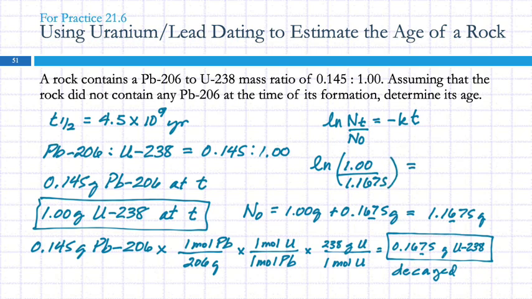And we need that rate constant again. Again, the rate constant is 0.693 divided by 4.5 times 10 to the 9th years. That's a per year, in case you were wondering. Ah, shoot, I'm running out of time here.